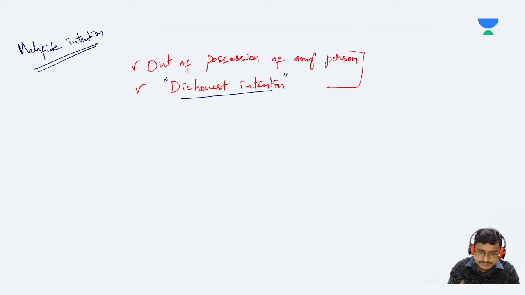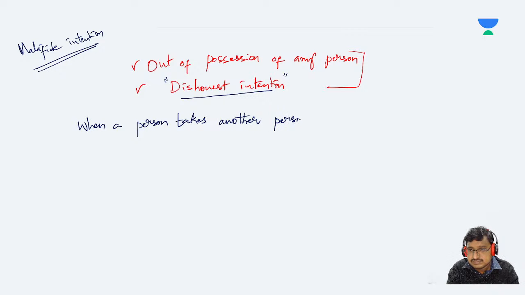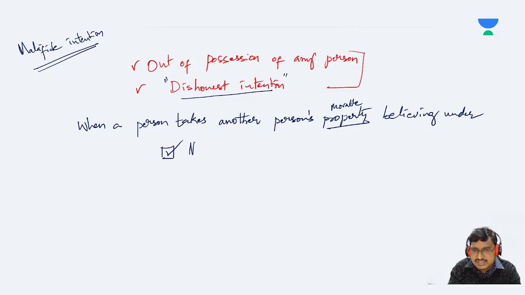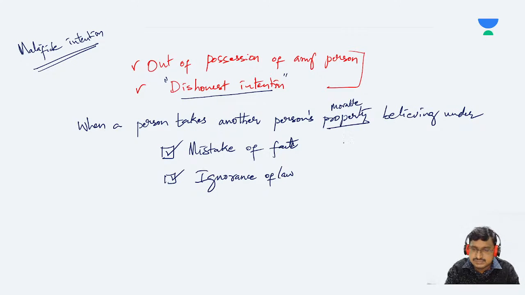Now, when a person takes another person's property, here it is movable property, friends, another person's movable property, believing under either mistake of fact or ignorance of law, he is not guilty under theft, friends.